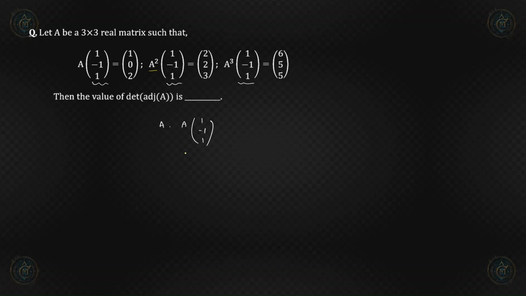Which means this part is already known, right? A times this column vector is equal to 1, 0, 2, this column vector. This is already known. So that means we get this is equal to 2, 2, 3, which means this we can substitute as 1, 0, 2, right? So A times 1, 0, 2 equals 2, 2 and 3. This is our second equation.